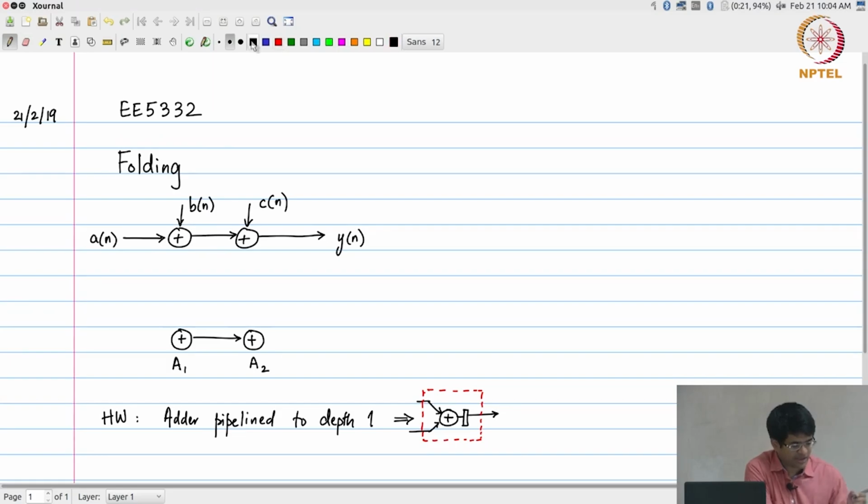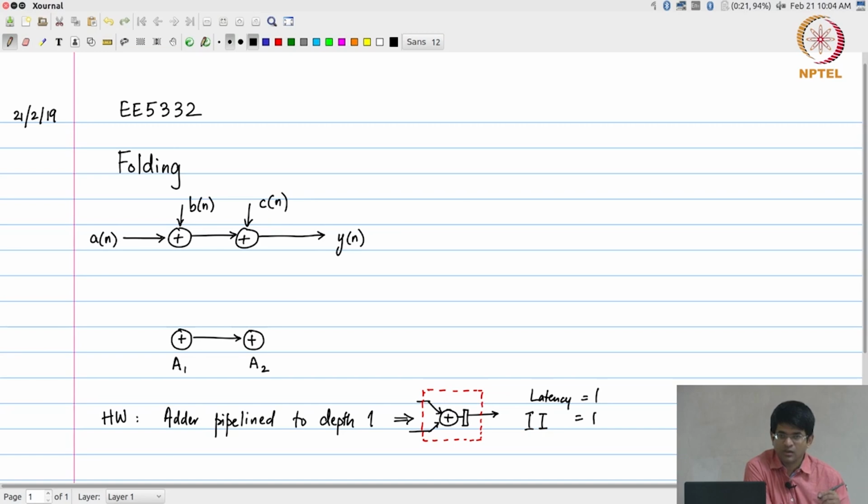This is what I am assuming is the hardware unit available to me, only one type of hardware. Okay. And since I have already assumed that there is a register at the output, I am not really going to bother with talking about a critical path as such. I am just going to say basically that this adder has a latency of 1 clock cycle and an initiation interval of 1 clock cycle.